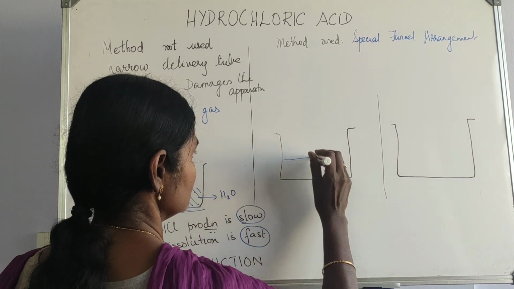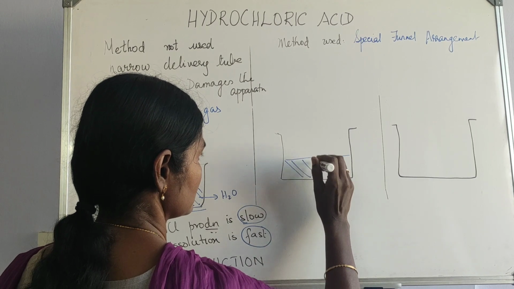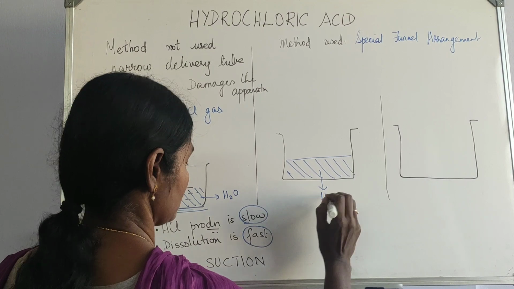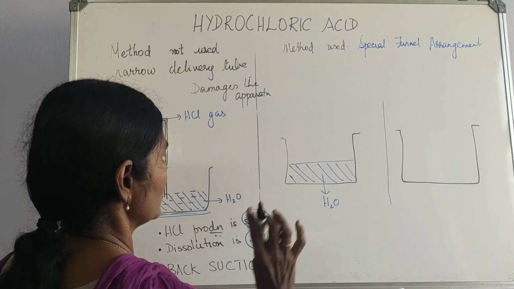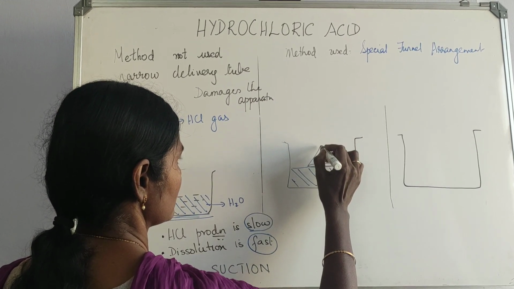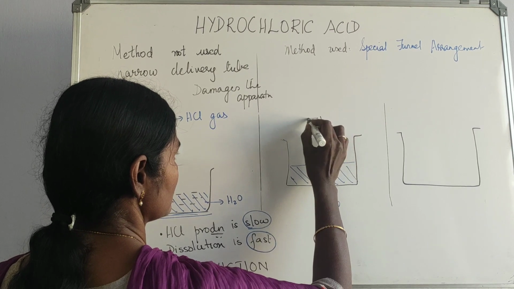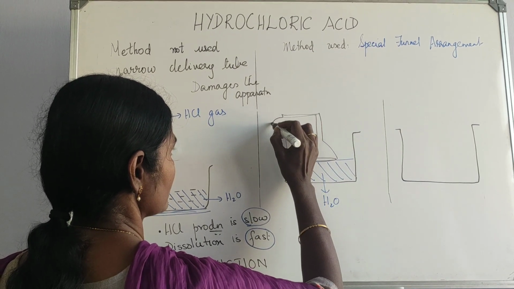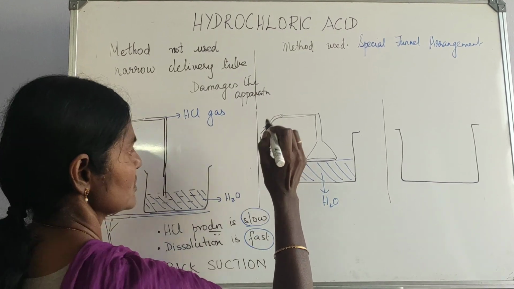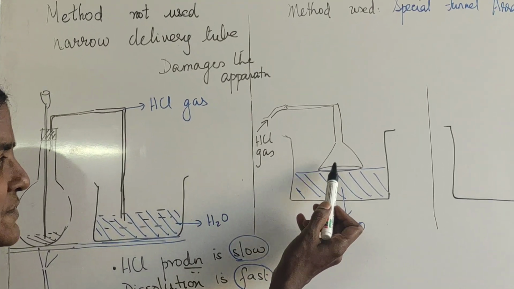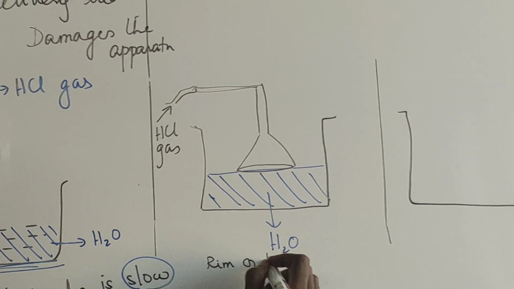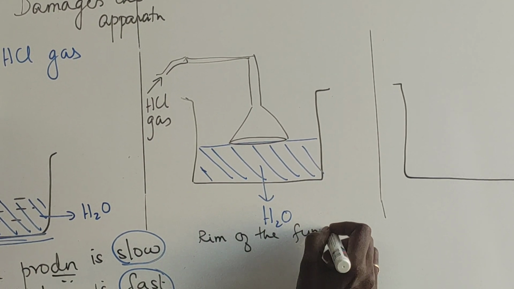So we take water, and we have a funnel. This gives you hydrogen chloride gas that is let in. Now the rim of the funnel just touches the surface of the water.